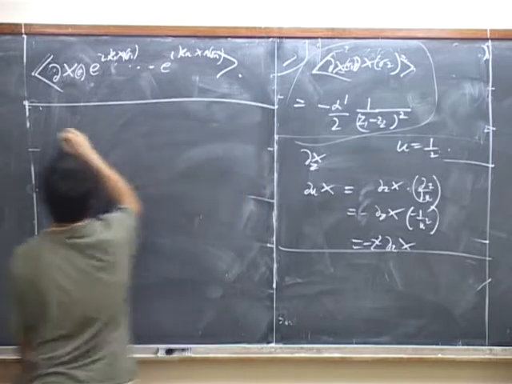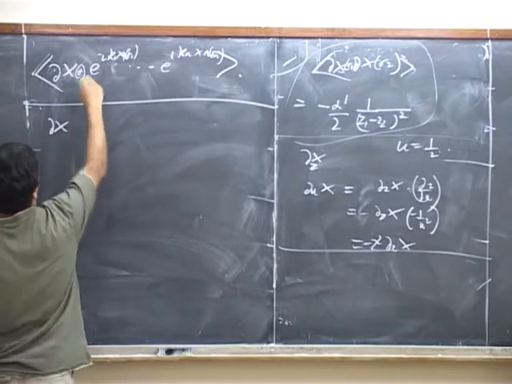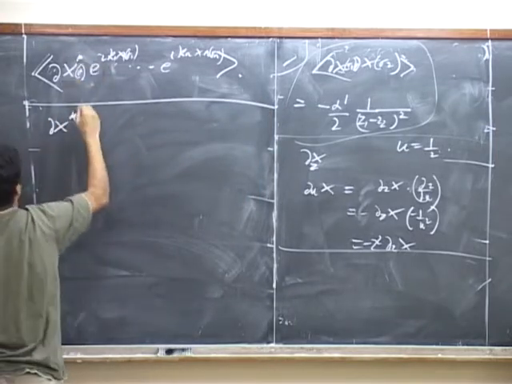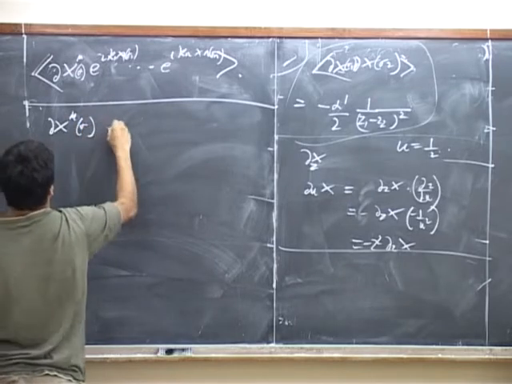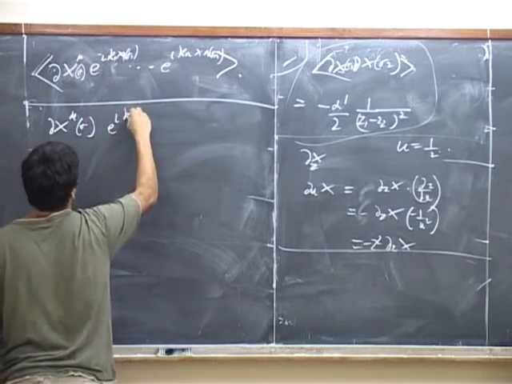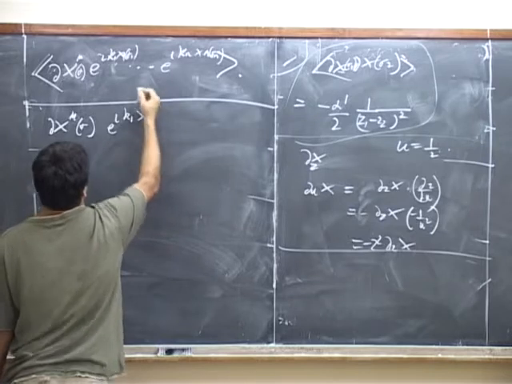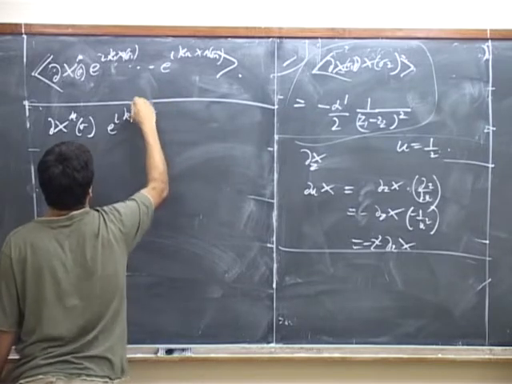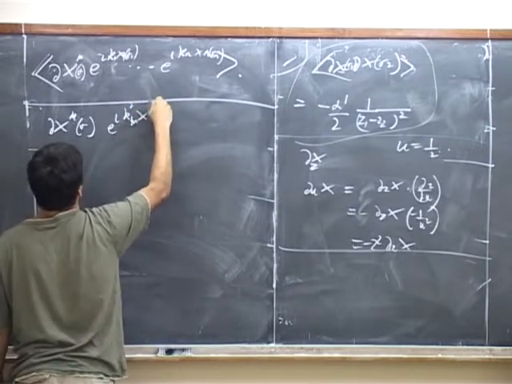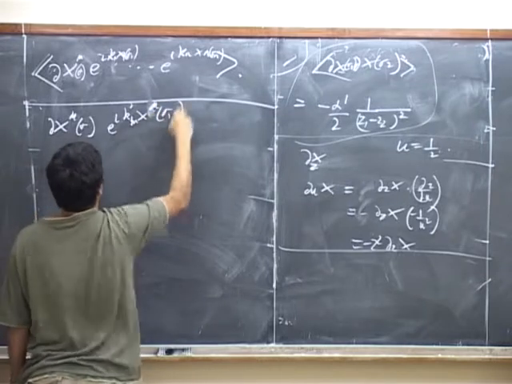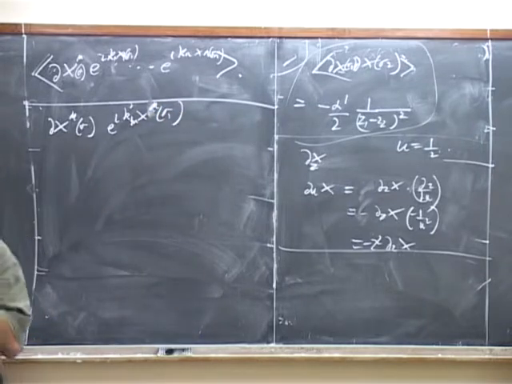Let's look at del x mu of sigma with e to the power i k1 mu x mu of sigma 1, and let's compute all singular pieces in the OPE.